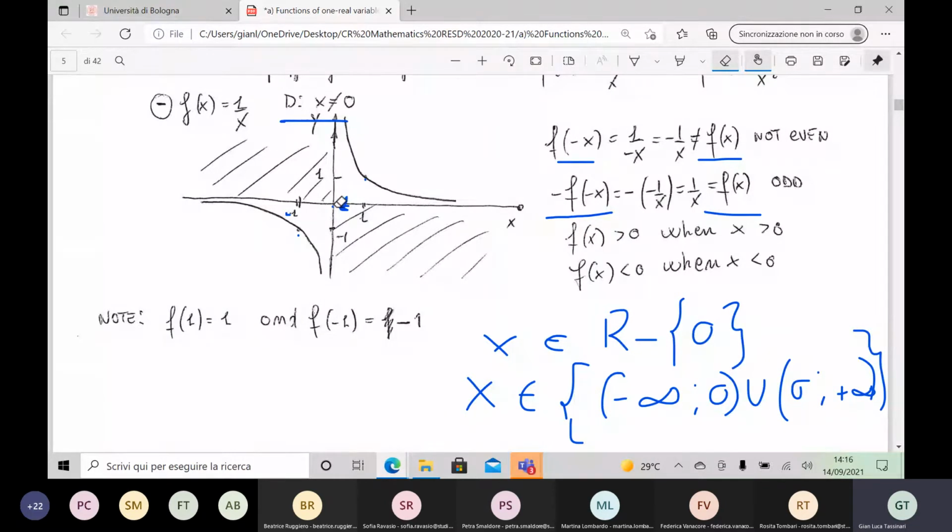We are getting closer, but we never reach 0. So we say that as x tends to 0 plus, the function becomes bigger and bigger and bigger. So essentially the function has this pattern: as we go closer and closer to 0, to the vertical axis, it goes above.